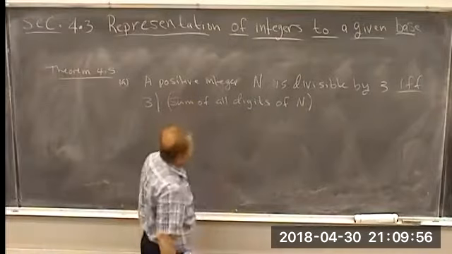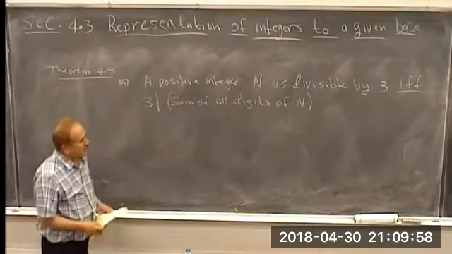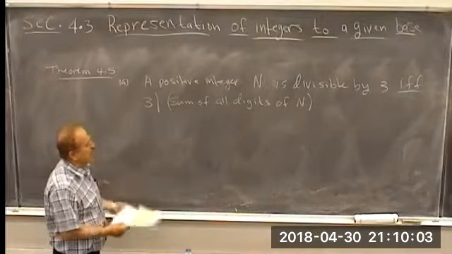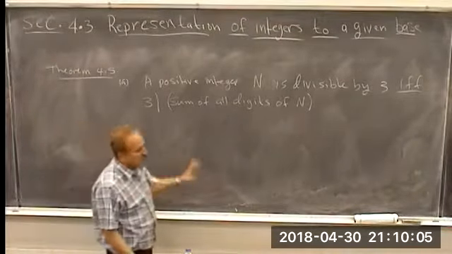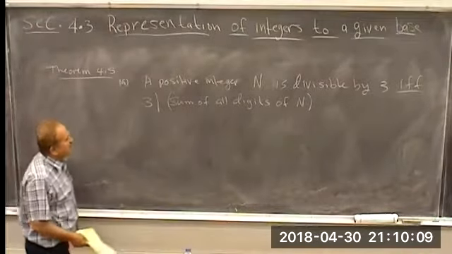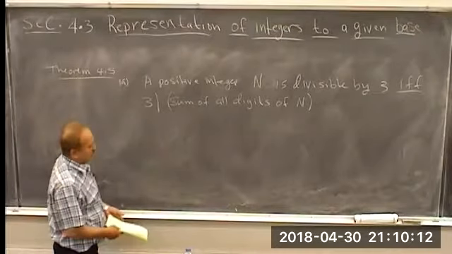And of course the idea here is if the sum of the digits is big itself, you could repeat this process over and over again, till you get a number that is less than or equal to 3, all right?